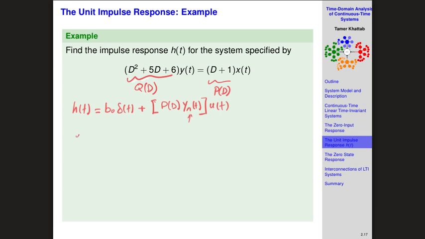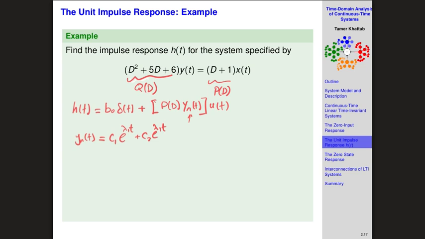Again, yn in the general formula is equal to c1 e to the lambda 1 t plus c2 e to the lambda 2 t. Why do I stop at only two terms? Because the order of the derivative up there is 2, which means that N is equal to 2, so we have only two terms.